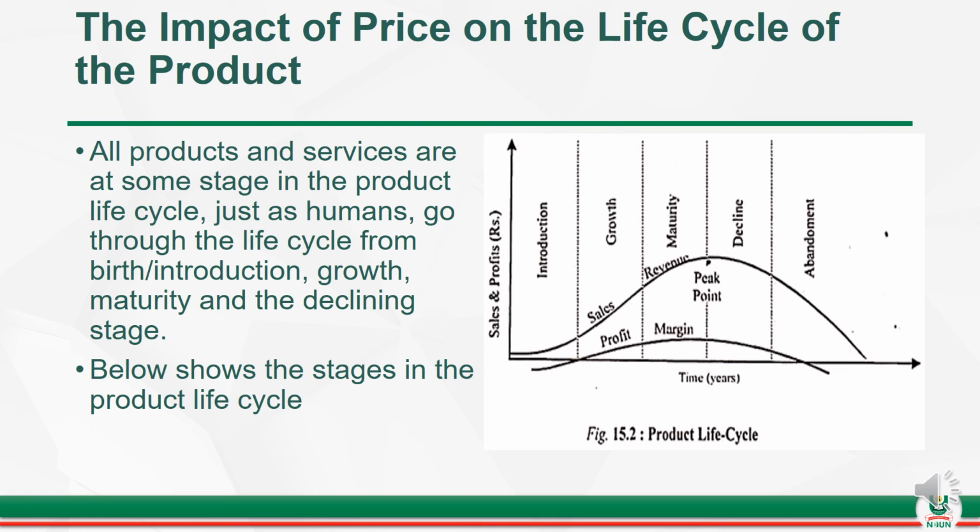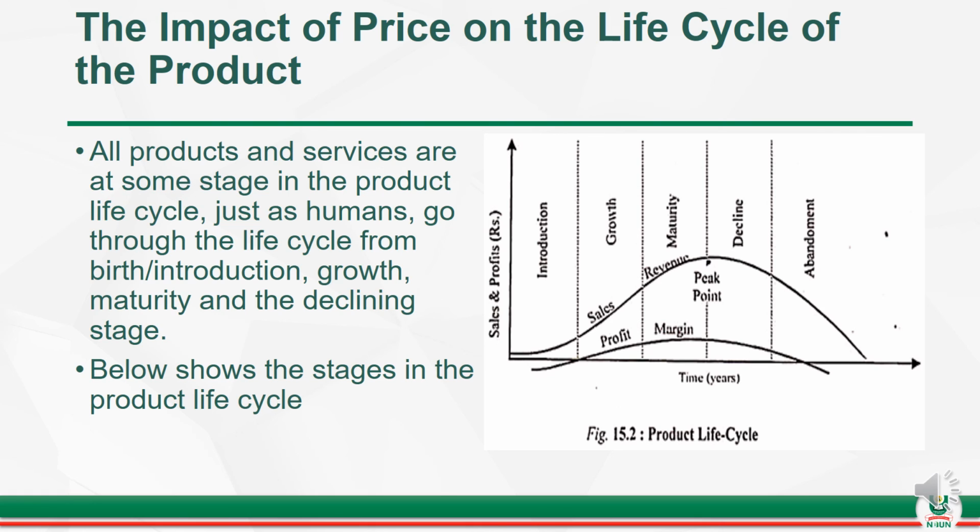Below shows the stages in the product cycle. What you are seeing here before you, we have the sales and profit, we have the introduction, we have the growth stage where we begin to have sales and revenue, and then the maturity. Now we have the peak point where we will be looking at profit and margin.